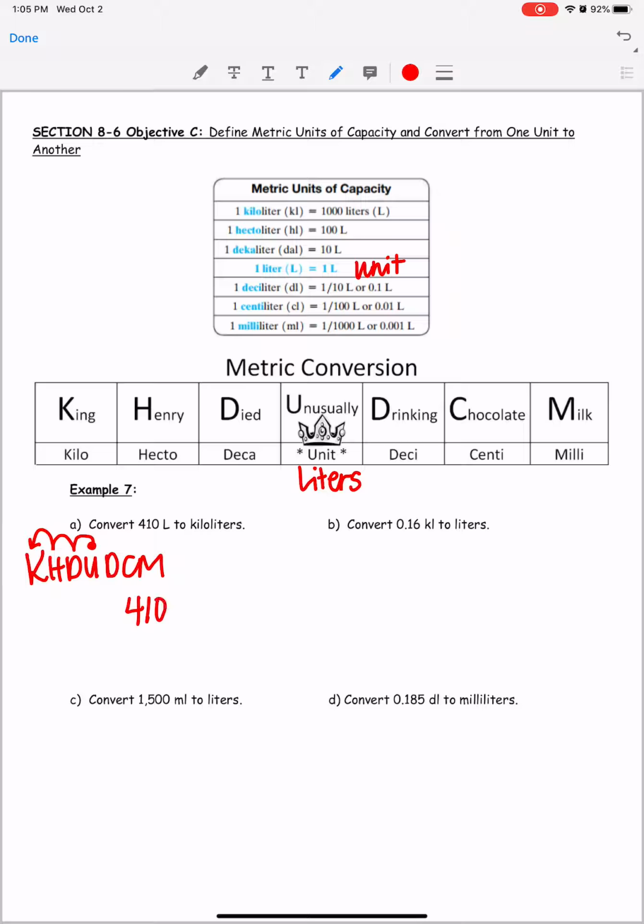So my 410, if you don't see that decimal, it's at the very end, needs to go over 1, 2, 3 times. This is 0.410. Okay, and you don't need that 0, right? That's the same thing, so I'm just going to cut that 0 off. 0.41 kiloliters.